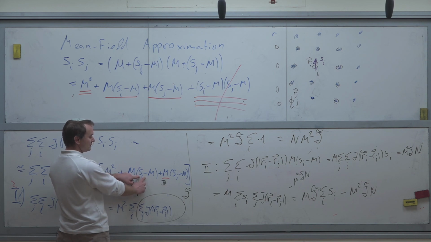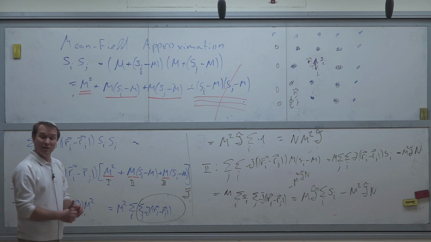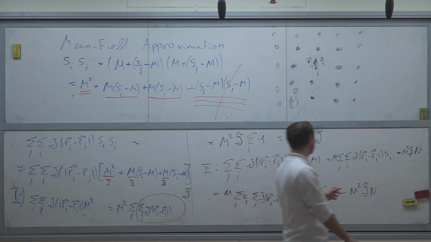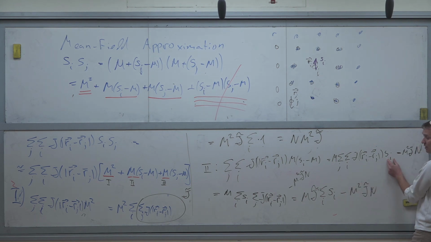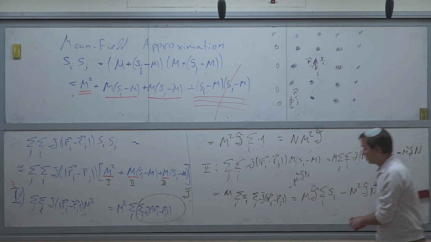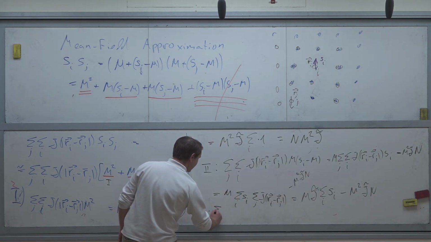The only difference is that instead of S_i, I have S_j. What will it cause? When I have S_i, I first sum over j and afterwards over i. But if I have S_j, I will first sum over i and afterwards over j. Okay, so the third part is easy.